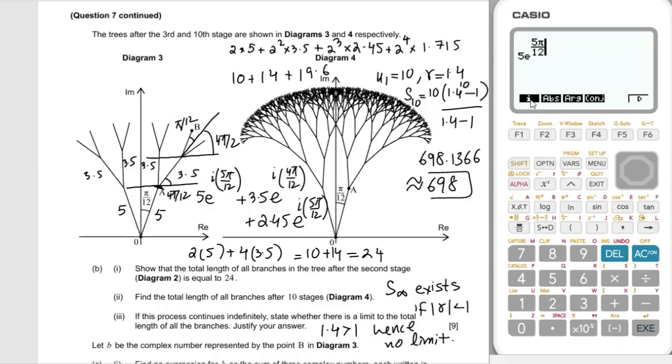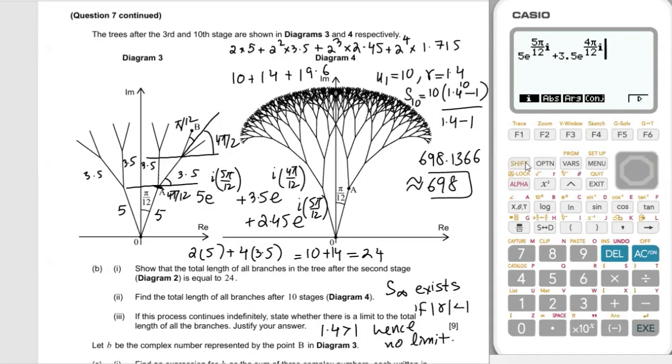So let's put an i over here. And plus, next is 3.5. Again, the same thing, Shift, the Euler form, which is 4π over 12, and remember the i. Another very important thing: when you're putting the Euler form, make sure your calculator is set in radian mode.